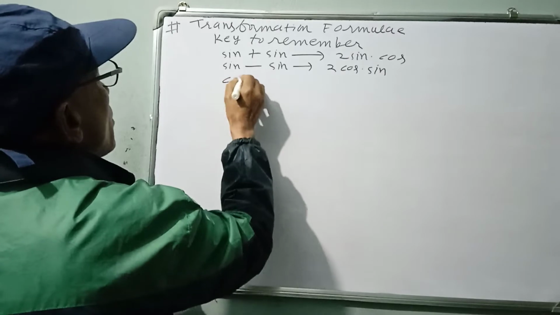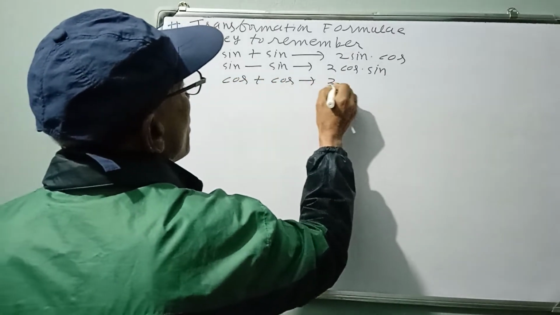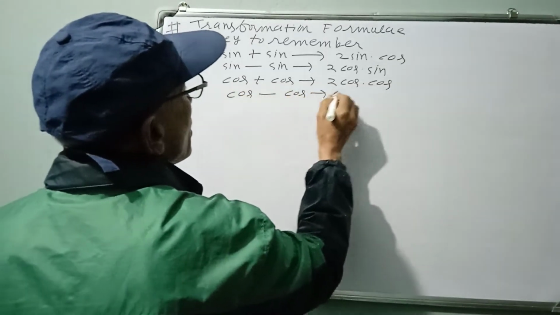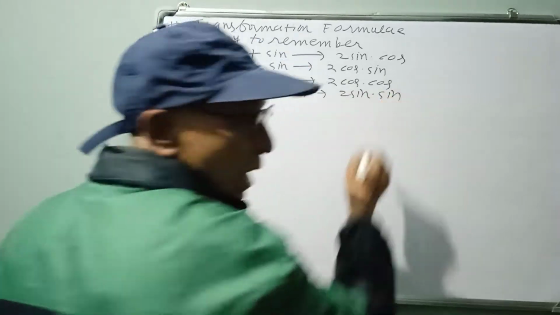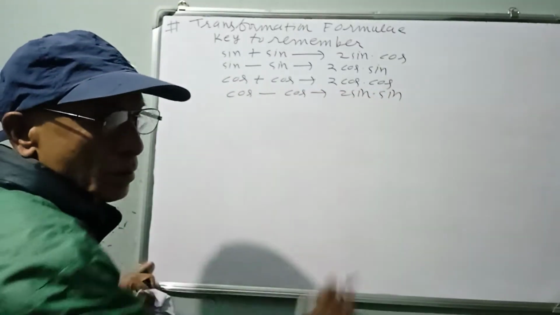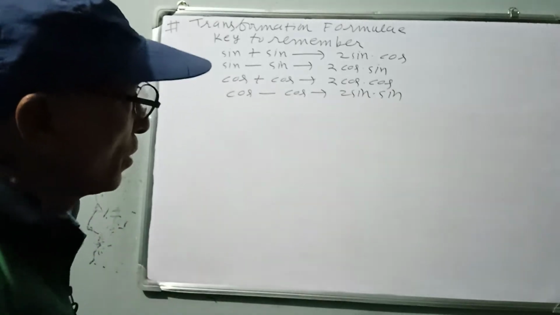Sine plus sine 2 sine cos, sine minus sine 2 cos sine, cos plus cos 2 cos cos, cos minus cos 2 sine sine. See, sine plus sine 2 sine cos, sine minus sine 2 cos sine, cos plus cos 2 cos cos, cos minus cos 2 sine sine.